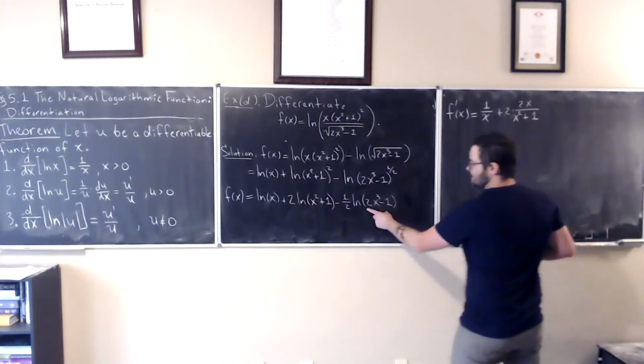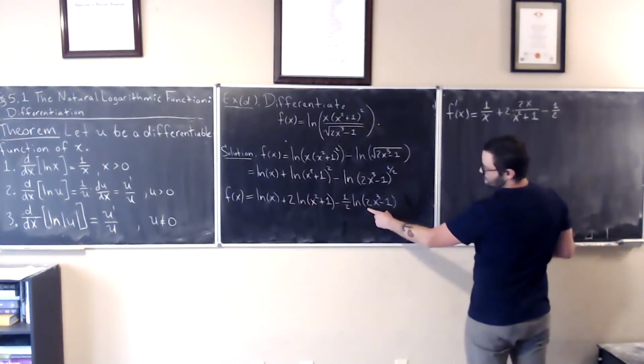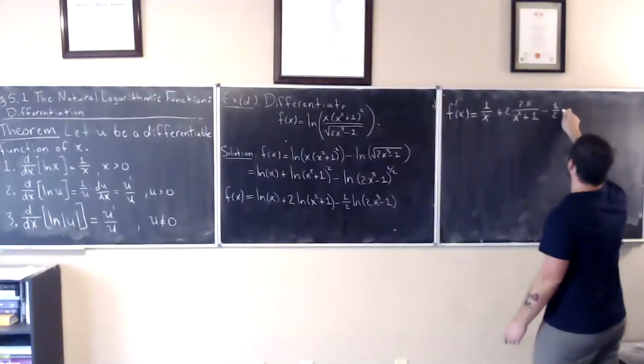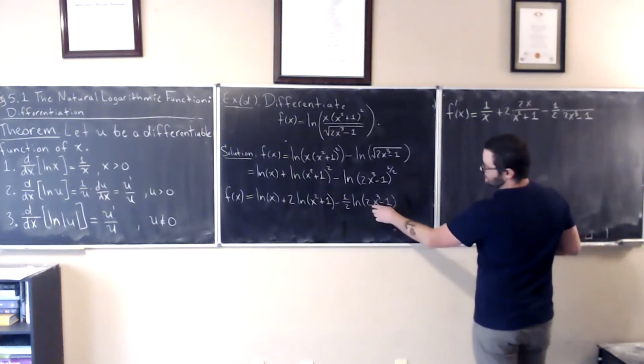And then here we have minus 1/2 times. So we know in the denominator we're going to have 2x cubed minus 1. And then in the numerator we're going to have 6x.